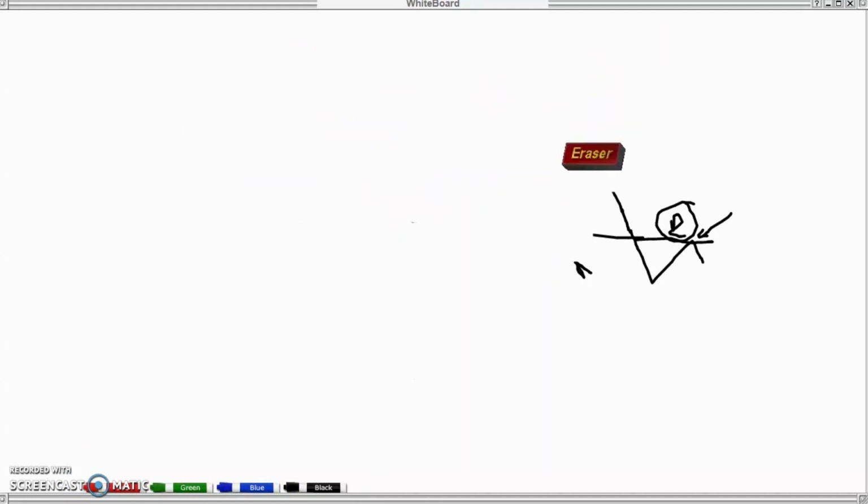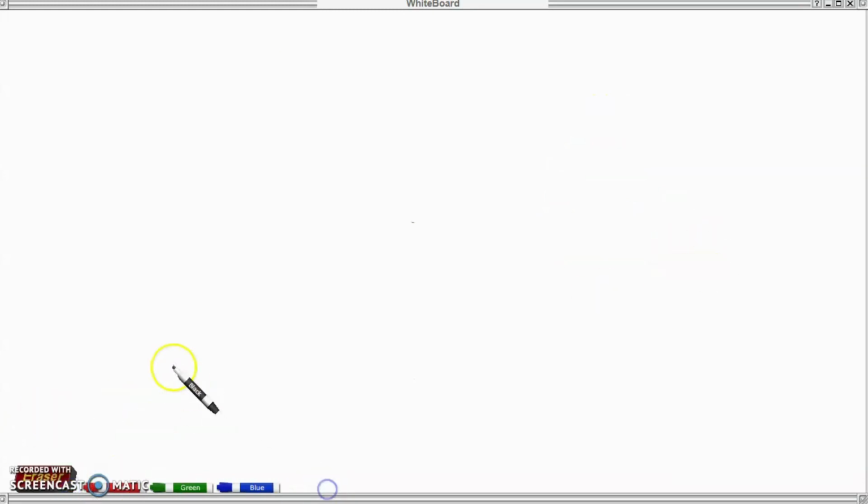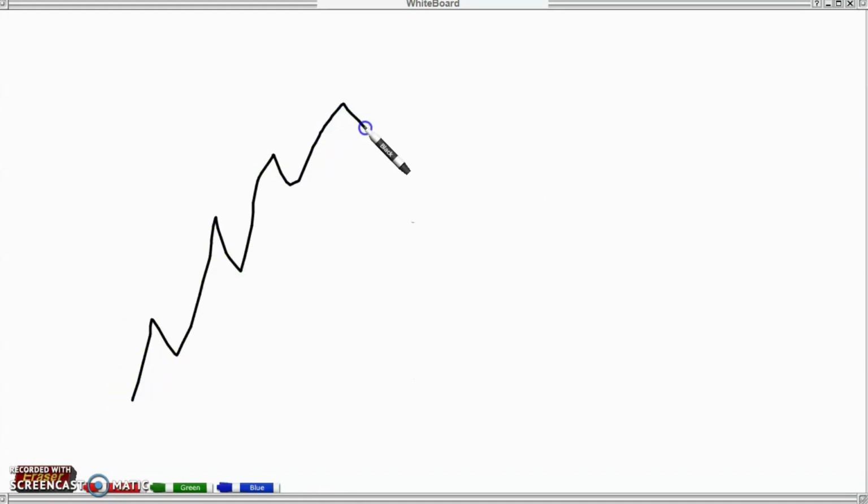How to use it. If I have an uptrend, you basically say this is an uptrend. You see the higher lows and the higher highs, and now you figure, okay, I'm in an uptrend. Now you use your support and resistance, and you use the breakout as well. Now you can see this is a previous resistance.